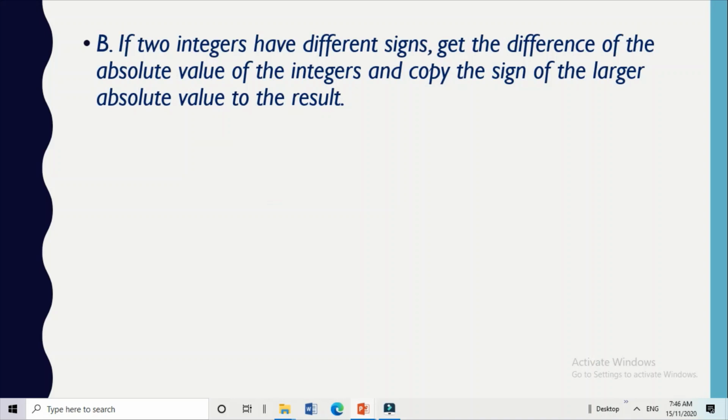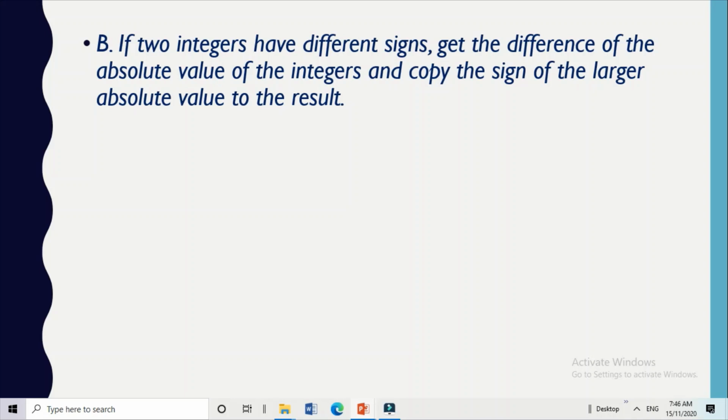Okay, second rule. If two integers have different signs, get the difference of the absolute value of the integers and copy the sign of the larger absolute value to the result. So what does it mean? If yung dalawang integers daw magkaiba yung kanilang sign, it's either positive yung isa and negative yung isa, or negative yung isa at saka positive yung isa.